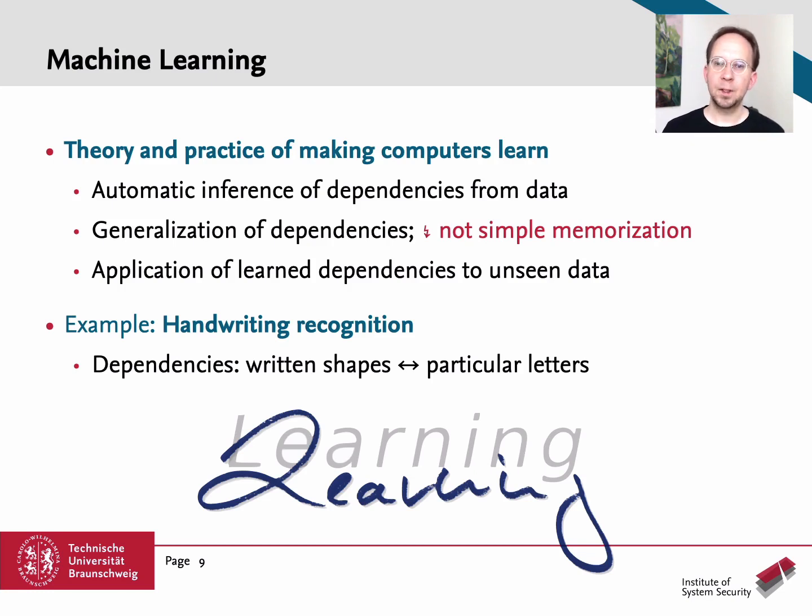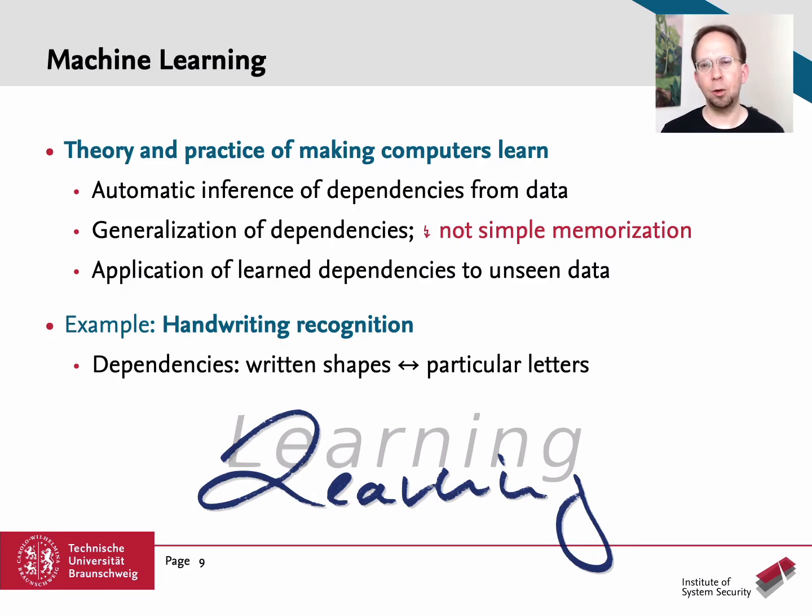And we do not want to just memorize the dependencies, so just store the data, but instead we want to generalize them. So we want to find general patterns that map from some input domain to some output domain. And we call this learning if we can apply the resulting system on unseen data. It takes the input and it predicts the output that we want to have.